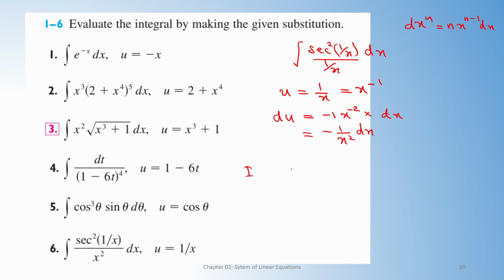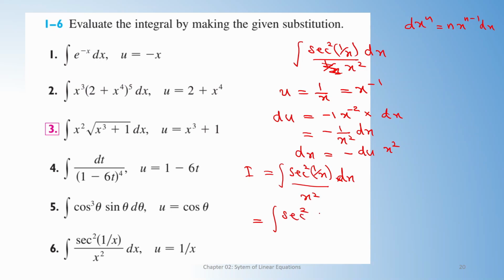Then the integration becomes, okay, from here you can get dx is equal to minus du times x squared. Now we replace in the integration. Sec squared of 1 over x, over x squared, dx. The denominator should be not x but x squared; I have wrongly copied it. So substituting with u, sec squared of 1 over x is sec squared u.